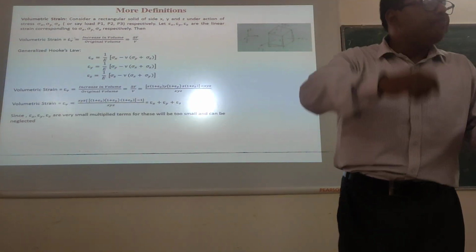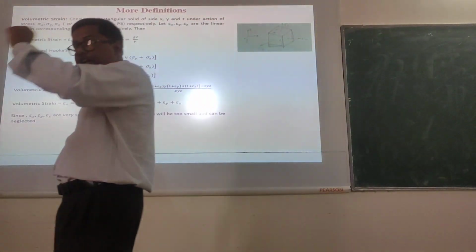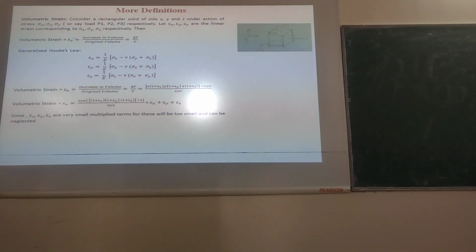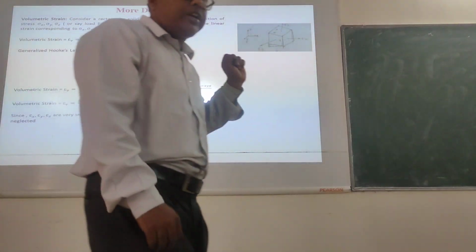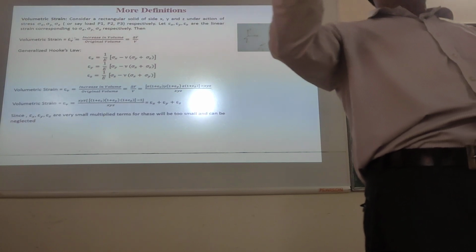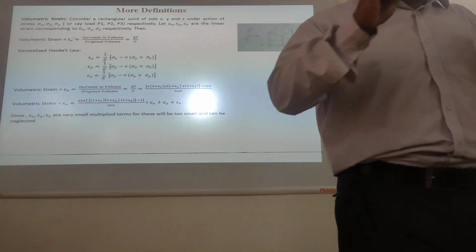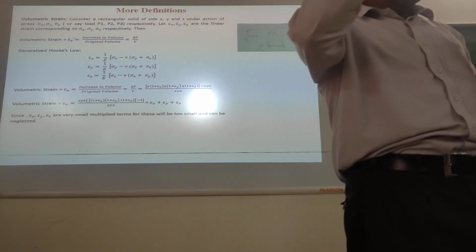However, epsilon x, epsilon y, epsilon z are all very small amounts. They are strains, right? It will be something like 0.01, 0.001. Remember the proof stress we saw the other day, 0.2% strain. 0.2% strain means 0.002.